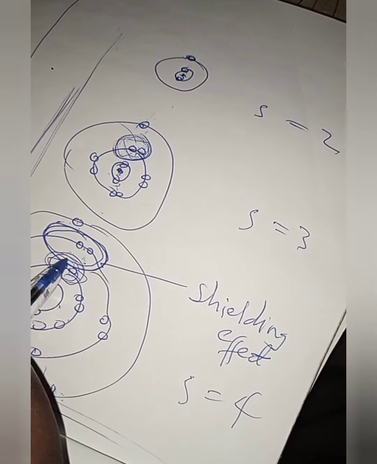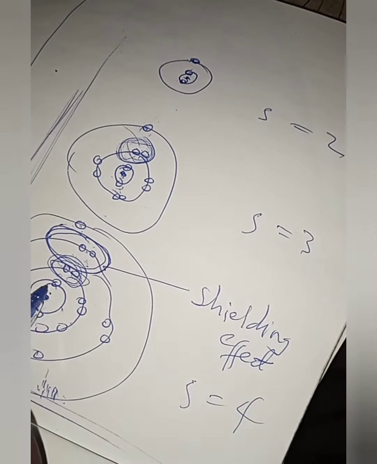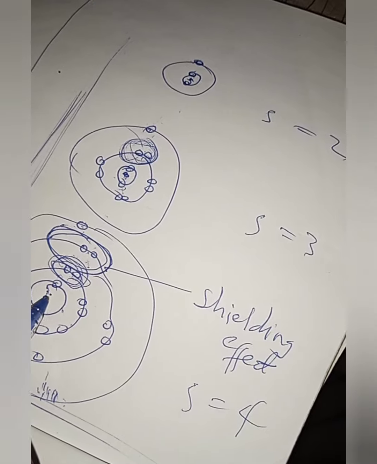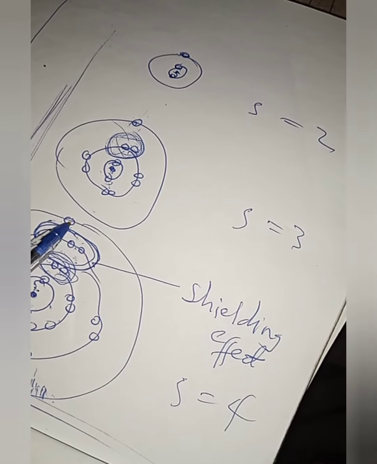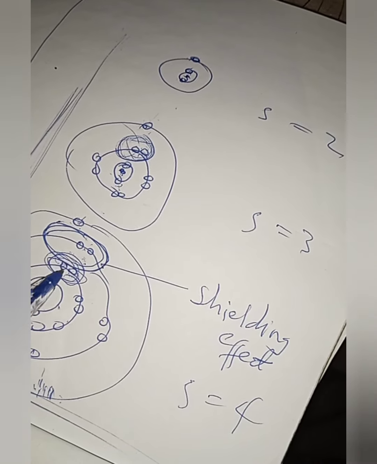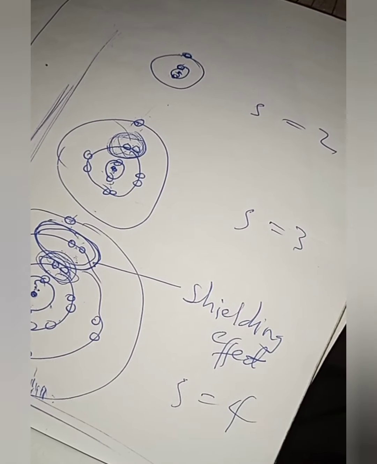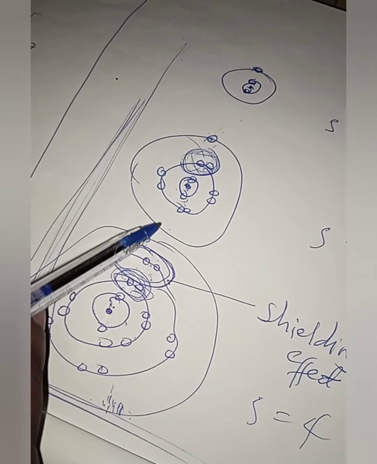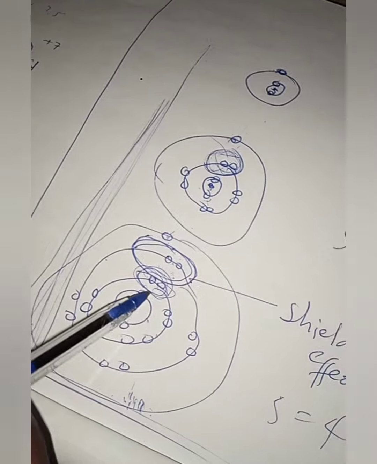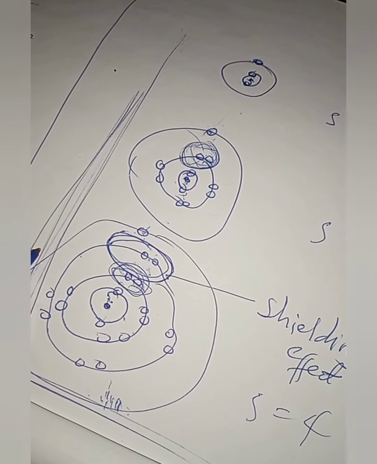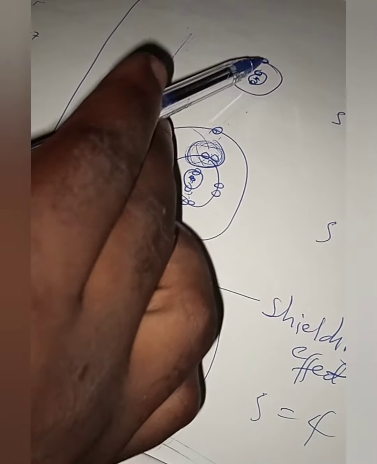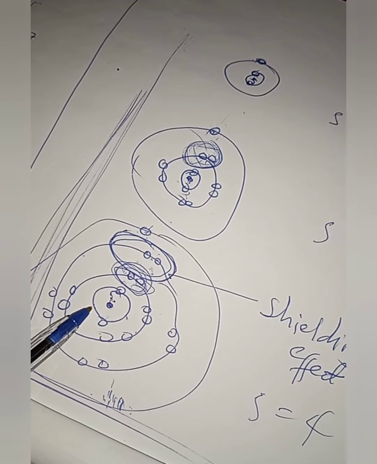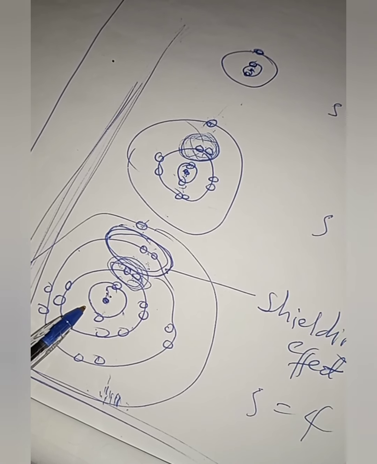And now we have shielding effect here. Can this attract it? It can never attract, because since I'm trying to attract, this will be repelling it. This one will be pulling it backward. You see, the two will be pulling it backward. So the nuclear charge will rather decrease. So these are the things that make the size of the atom larger. Are you getting me?